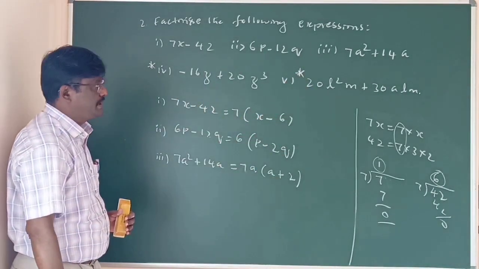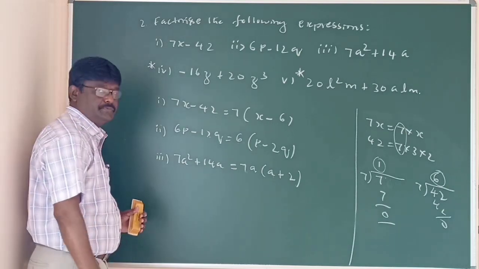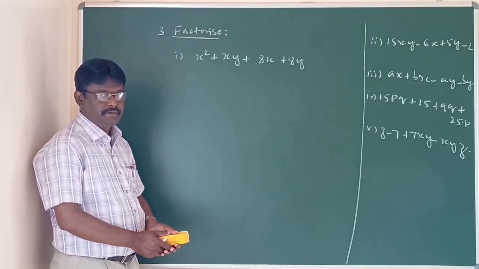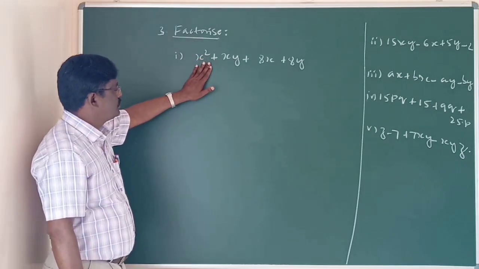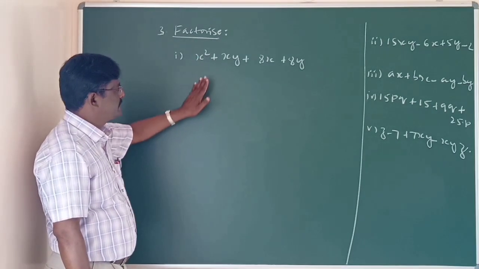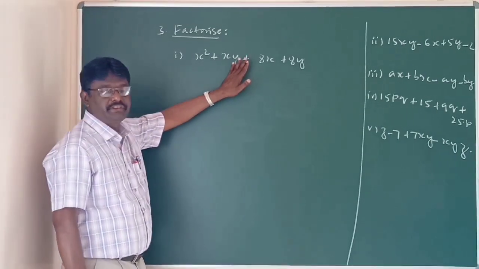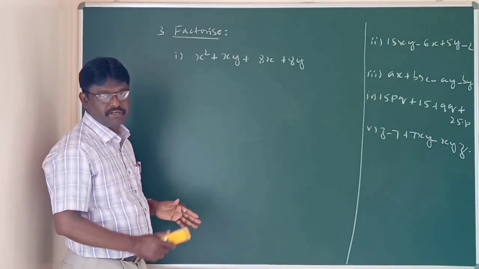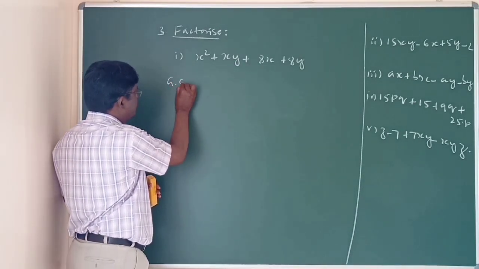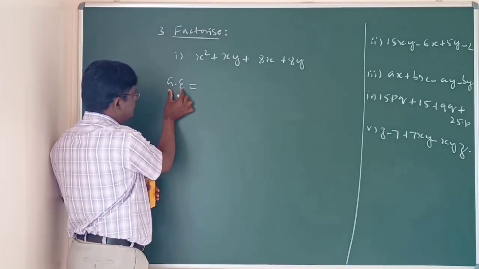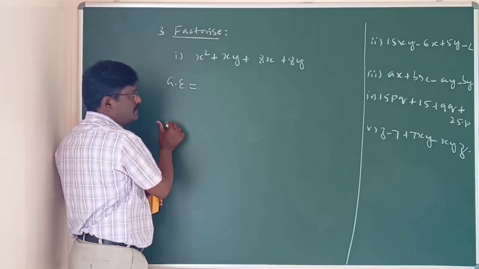Now we shall take the third one. Yes, children, in this third one, 4 terms are given. In case of 4 terms, they can be factorized by grouping them into 2. When there are more terms, it is better to start with GE.